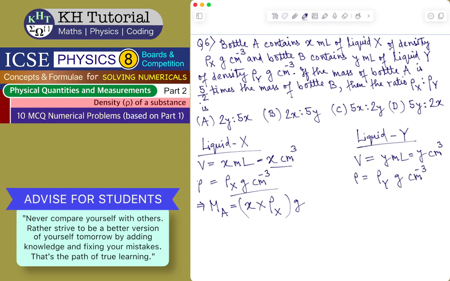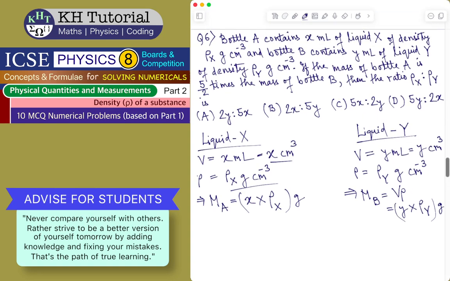So from here we can say, if I denote the mass of the bottle B to be MB, it will be volume into density. This will be equal to Y multiplied by rho Y, this much gram.